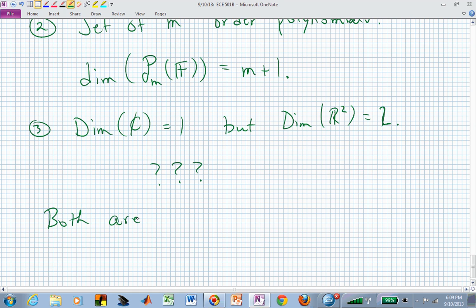Both of these sets, the complex numbers and R2, both are equivalent to the xy plane.